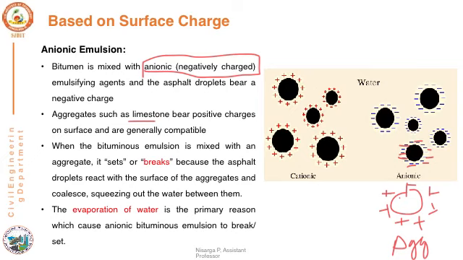And how does the setting take place in the anionic emulsion? The emulsion sets or breaks because the asphalt reacts with the surface of the aggregate and coalesces, squeezing out the water between them. Evaporation will be the main reason which causes the anionic bitumen emulsion to break or set.